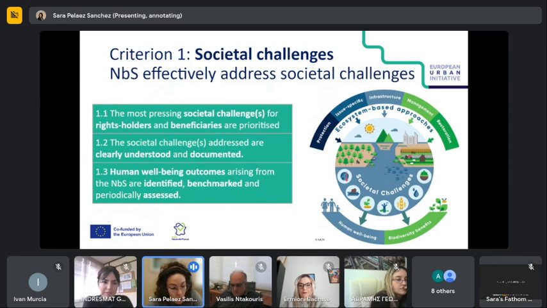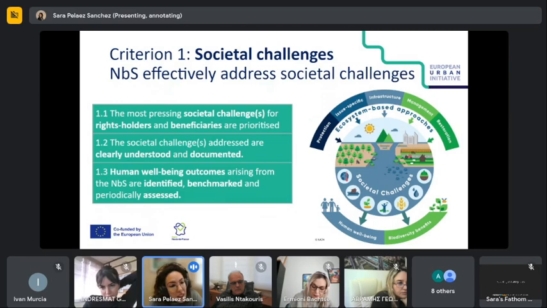For 1.2, the NbS intervention should address the societal challenges that directly affect a specific group of people. What does it mean? For example, if you are developing an NbS on coastal erosion control, you need to pay attention to the specific municipalities that are affected.